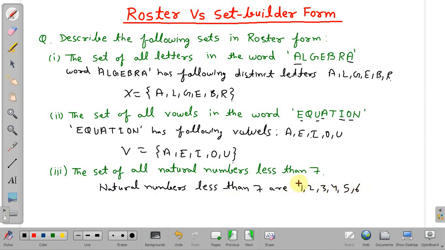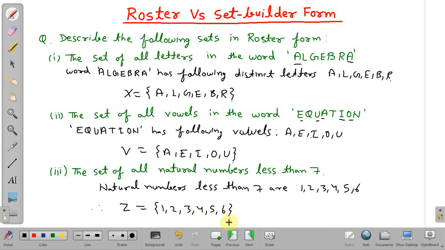Don't include 7 as we have to write less than 7. So we can write the set Z equal to 1, 2, 3, 4, 5, 6.